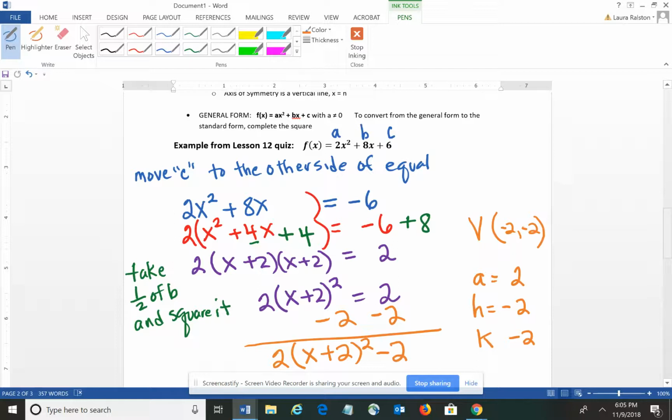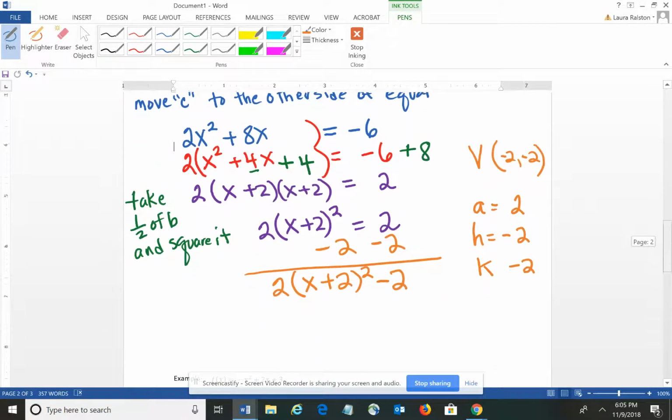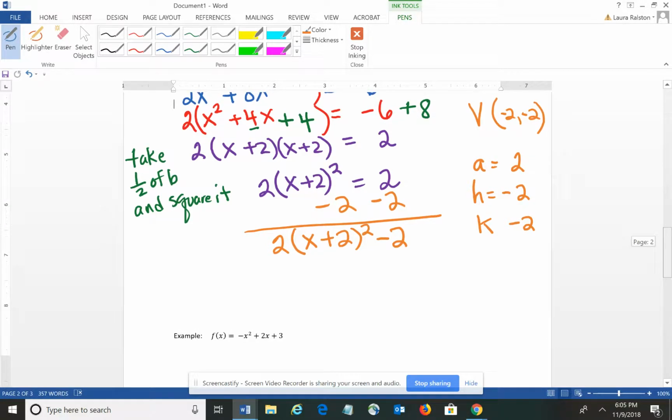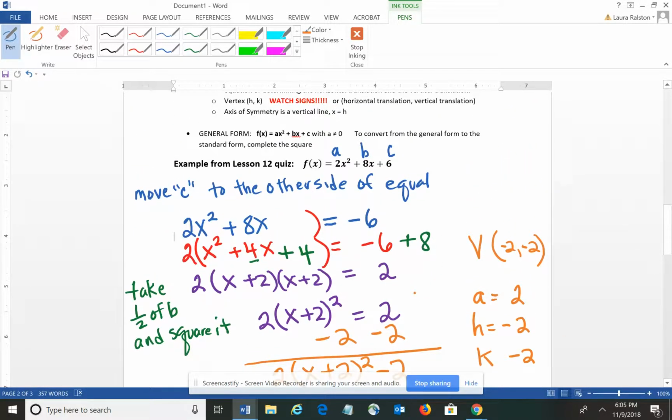Okay, so the main reason for converting from the general form to the standard form is so that you can readily identify that vertex. There are other ways for identifying the vertex. In my opinion, the easier way for finding that vertex is you can use a formula that really is derived from completing the square.